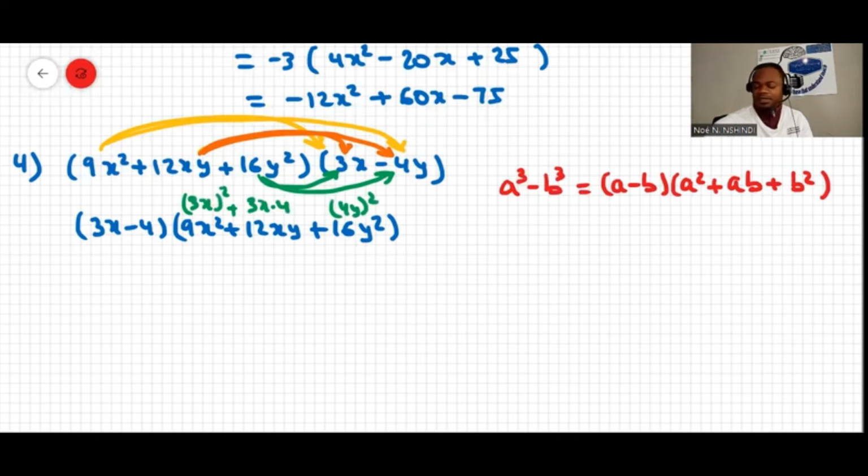If my a is 3x, my b is 4, you notice that's like a minus b, open bracket, a squared plus ab plus b squared. So this product is equal to 3x to the power of 3 minus 4 to the power of 3.